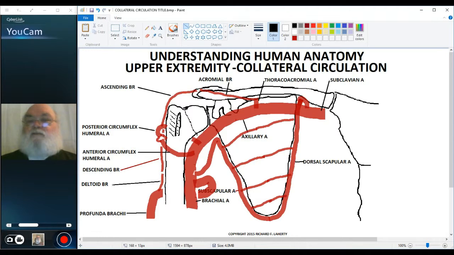The descending branch of posterior circumflex humeral meets the deltoid branch of profunda brachii, providing a collateral route between them, so that blood can get from the axillary through posterior circumflex humeral, descending branch to deltoid branch to profunda brachii to down to the posterior compartment of the arm and back around to the brachial artery.